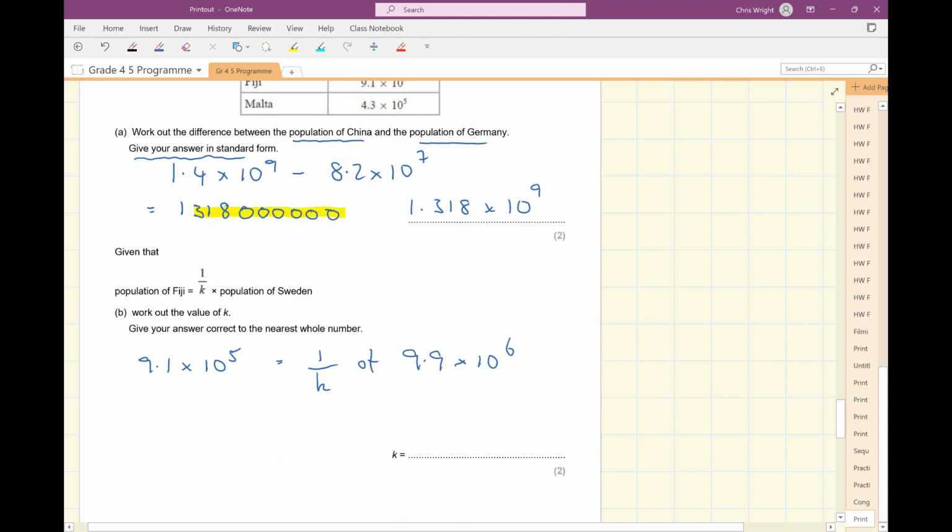Well, to work that out, I'm going to have to work out how many times the population of Fiji will divide into the population of Sweden. 9.9 times 10 to the power of 6, and I'm going to have to divide that by 9.1 times 10 to the power of 5.